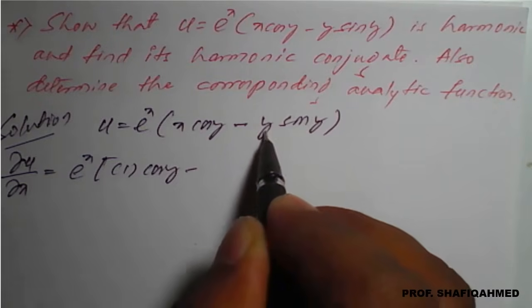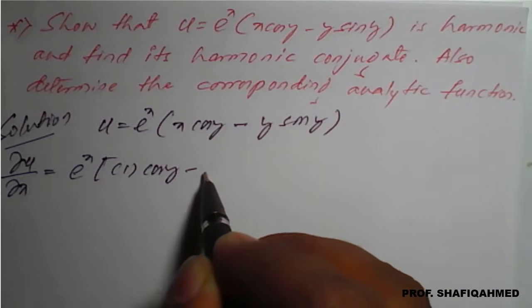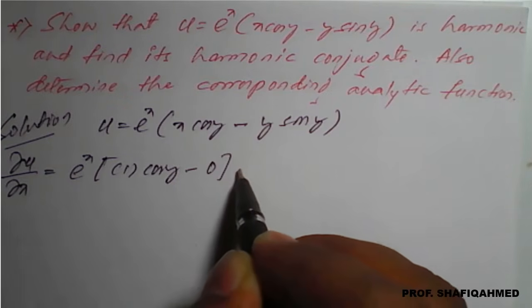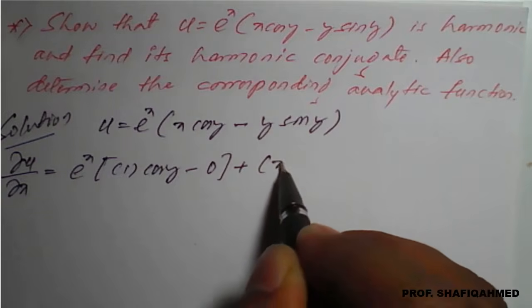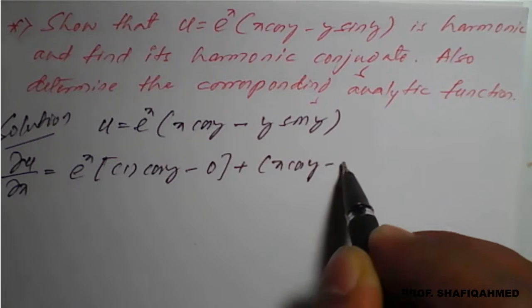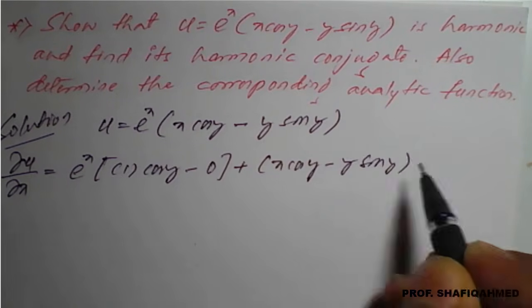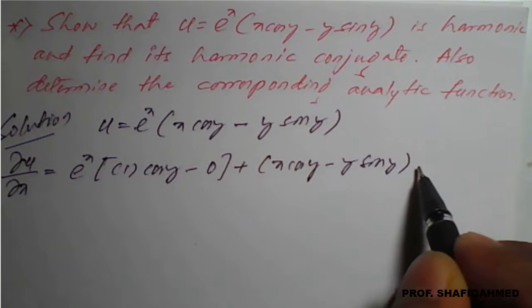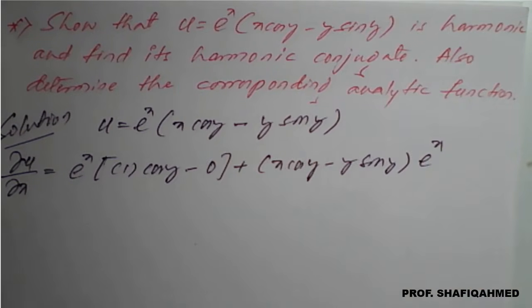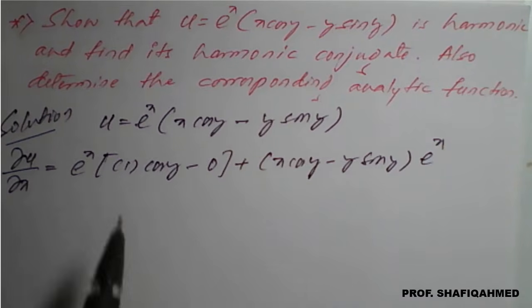So minus, y sin y is purely constant with respect to x, so partially it is 0, plus keep the bracket as it is, that is x cos y minus y sin y. The partial derivative of e raised to x with respect to x is e raised to x itself. So on simplification take e raised to x common.